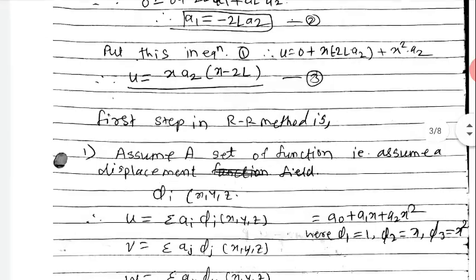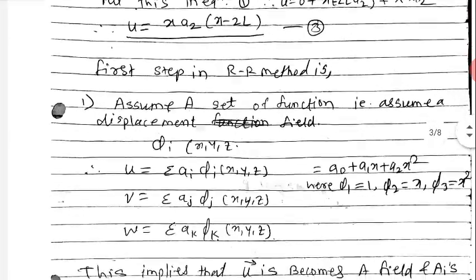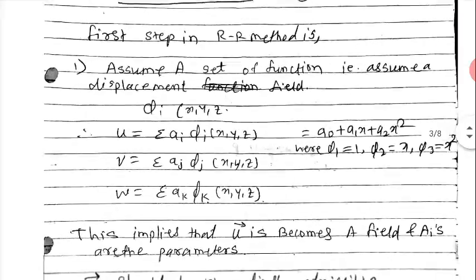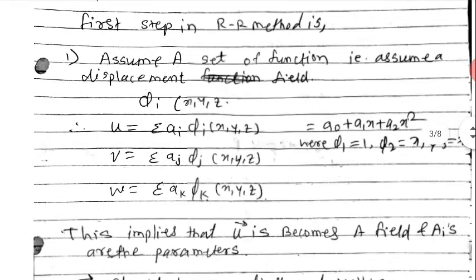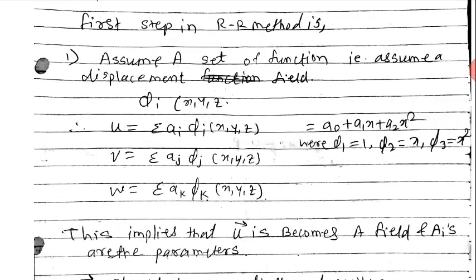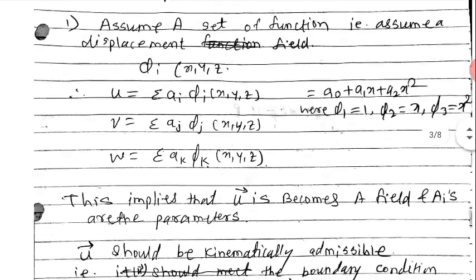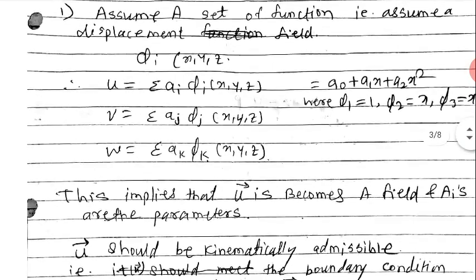There are some steps you have to follow in the Rayleigh Ritz method. The first one is to assume a set of functions, that is, assume the displacement field. So phi i is a function of x, y and z, in terms of u, v and w.